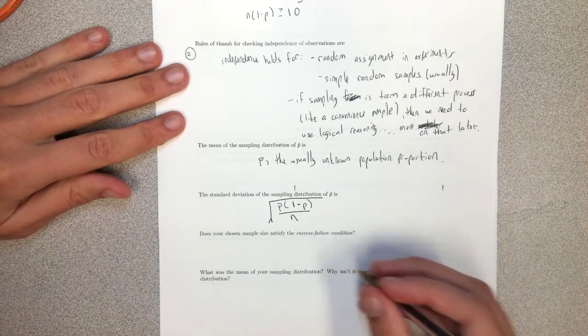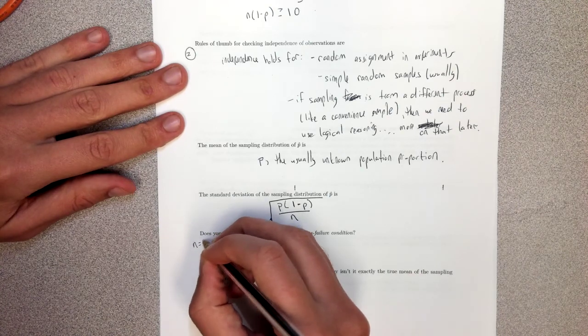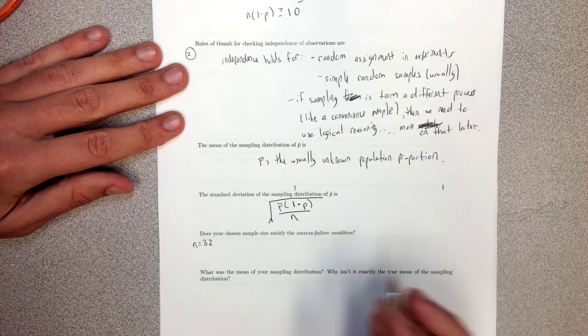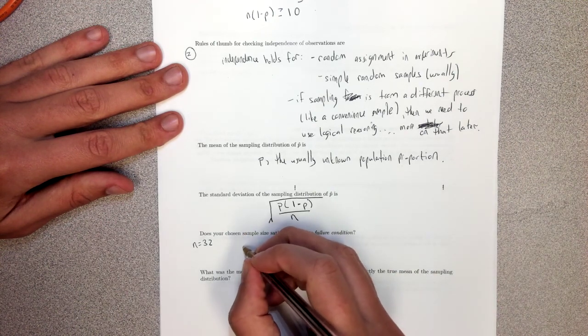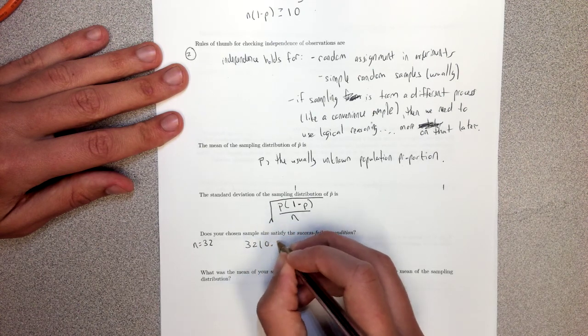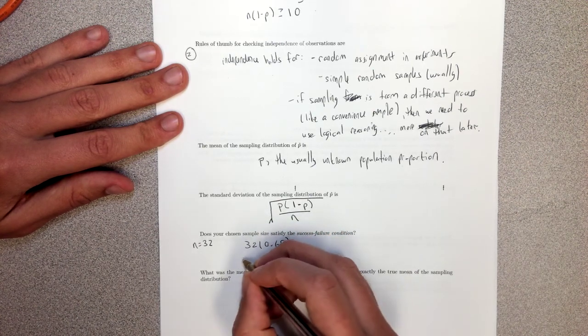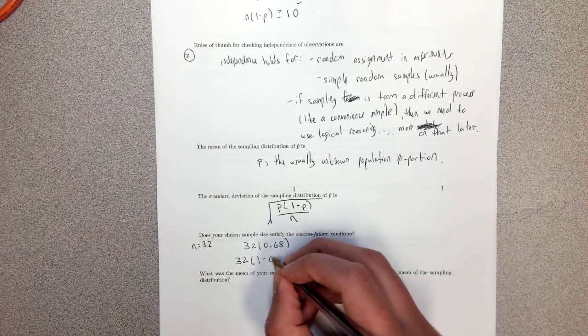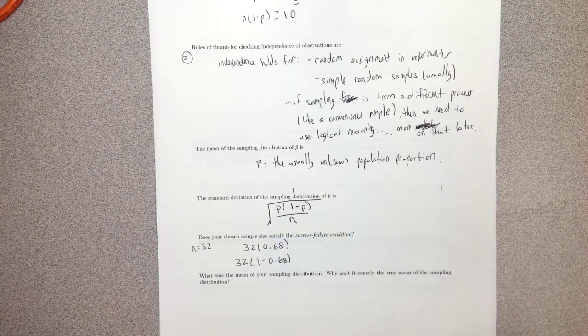We could check, remember we had settled on n being 32, to see if it satisfies our success-failure condition. So you could check 32 times 0.68, and we'd also need to check 32 times 1 minus 0.68. If you have a calculator, you should be able to calculate that out.